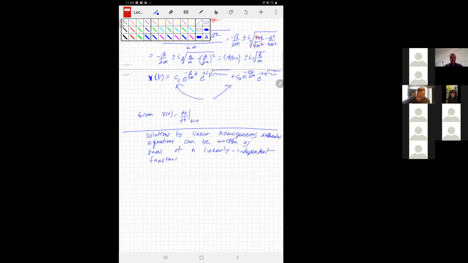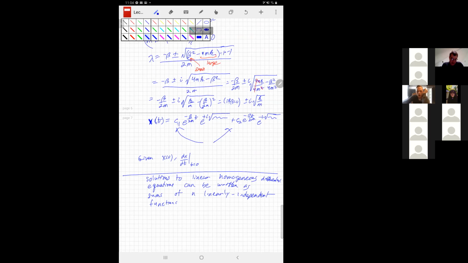If I have a second order equation, there must be two linearly independent functions that will solve that equation. And here there clearly are, because we've got two different values of lambda. We've got e to the lambda 1 t, e to the lambda 2 t. And as long as those lambdas are different, we have two linearly independent solutions.